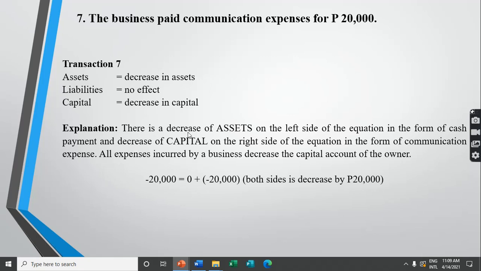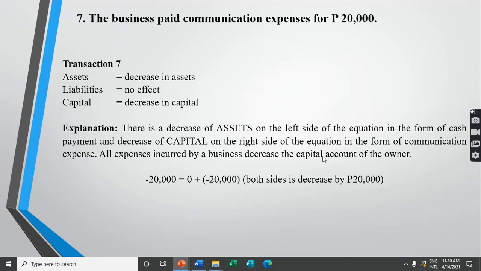So there is a decrease of asset on the left side of the equation in the form of cash payment, and a decrease of capital on the right side of the equation in the form of communication expense. So, all expenses incurred by the business decrease the capital of the owner.